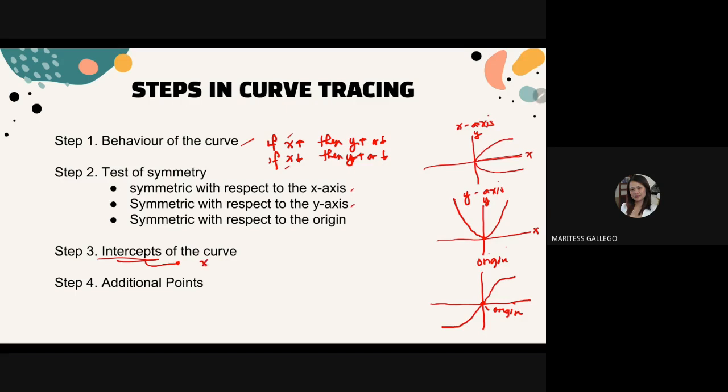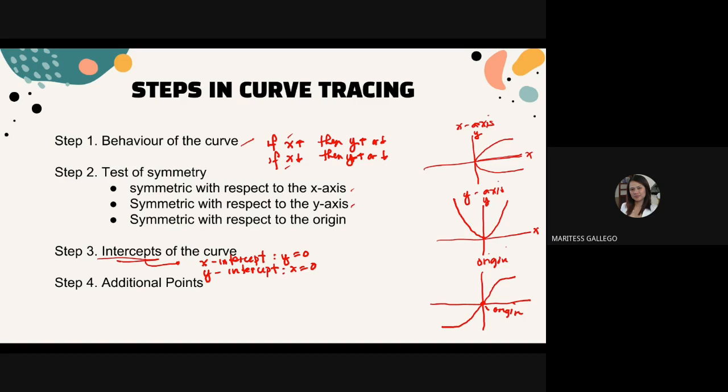You will find the x-intercept and the y-intercept. The x-intercept is the intersection of the curve with your x-axis, and the y-intercept is the intersection of the curve with your y-axis. What will you do for the x-intercept? You equate your y to 0, and for the y-intercept, you equate x to 0, to find the points of intersection.